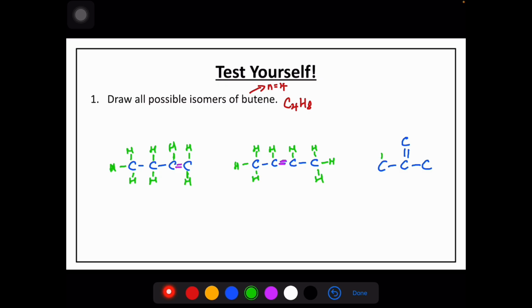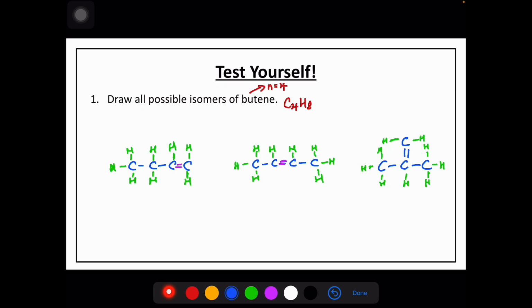Similarly, now let's put on the H. So you have your H here, H here, H here, H, H, H, H, and the one at the top can only have 2 H's because each carbon can only have 4 bonds, right? So when you look at all these drawings, you may realize that there is a difference in terms of the way they are being arranged, and that is what we know as structural isomers, right?